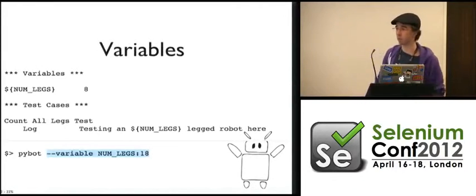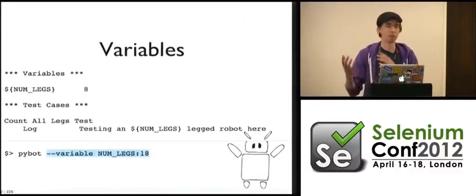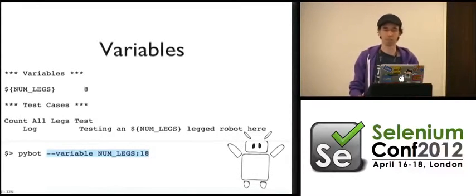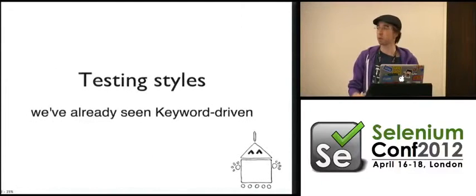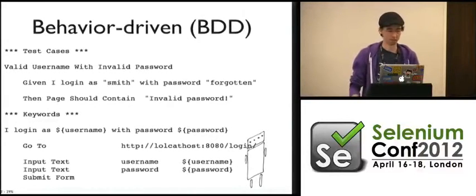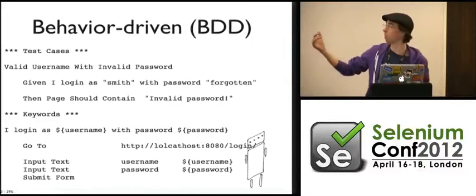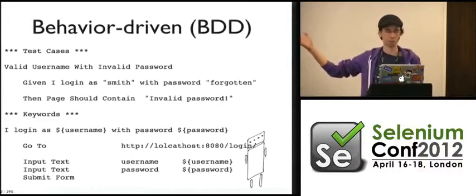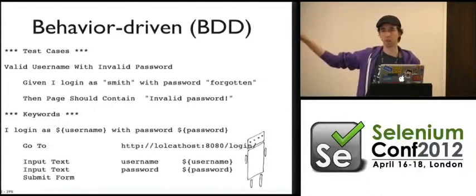Robot Framework unifies all the popular testing styles that are out there. We've already seen the keyword-driven style, where it just executes the steps sequentially. You can also use Robot Framework to do the behavior-driven development style that's been popularized in the Ruby world. On the lower side, you see the keyword named "I log in as username with password", and that's also a high-level keyword, but without the classical argument.